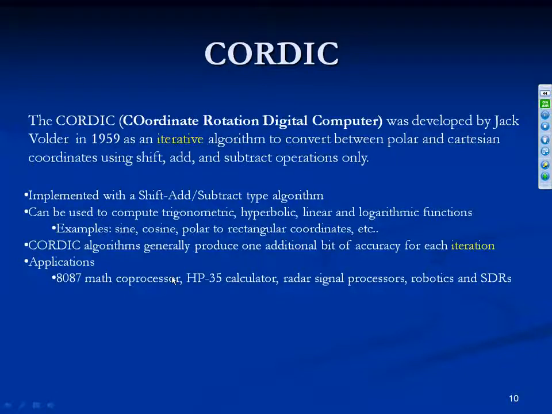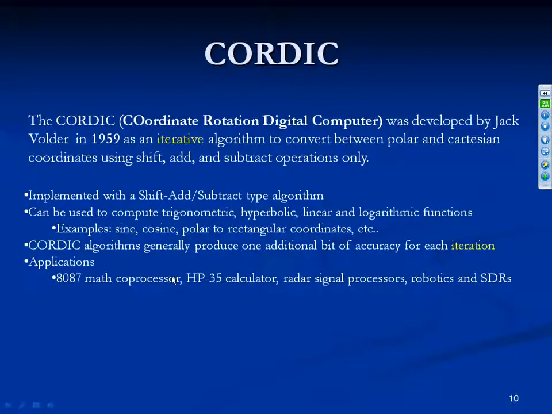And these CORDIC functions are implemented with a shift, add, subtract type algorithm, and we're going to look at the algorithm today and I'll show you how to create it. They can be used to compute trigonometric, hyperbolic, linear, and logarithmic functions. So examples would be sine and cosine, polar to rectangular coordinates, etc. And we're going to look at a particular implementation today where we're using sine and cosine.